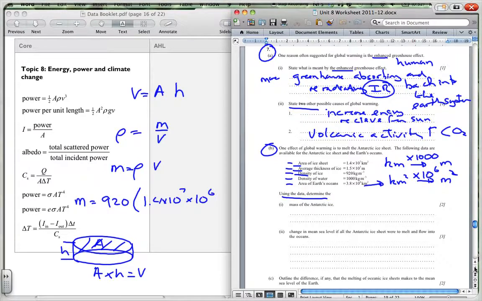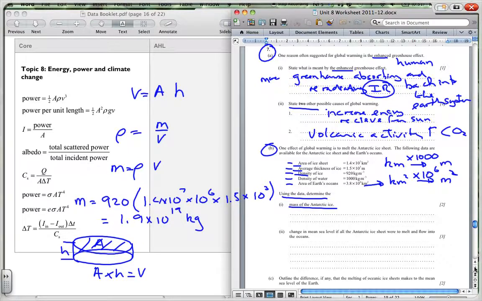And then I'm going to have that times by my thickness, which is 1.5 times 10 to the 3. And when I multiply that all out, I get something like 1.9 times 10 to the 19 kilograms. So that's the mass of the Antarctic ice sheet.